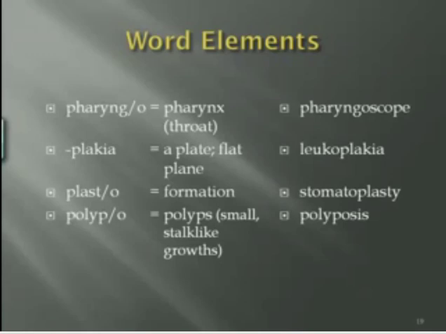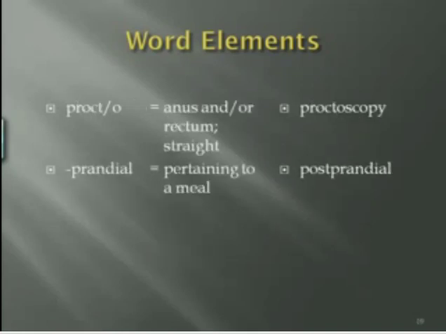Plasty, formation, so stomatoplasty, surgical repair of the mouth. Polypo is polyps. These are little small stalk-like growths, kind of mushroomy in a way. So polyposis, somebody has polyps in their colon. Procto is straight.